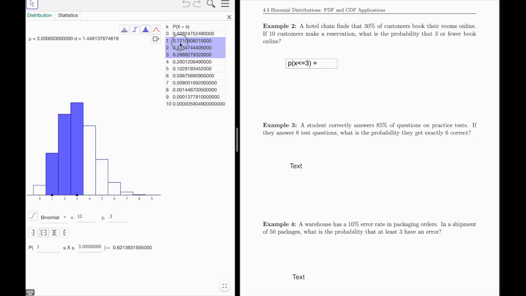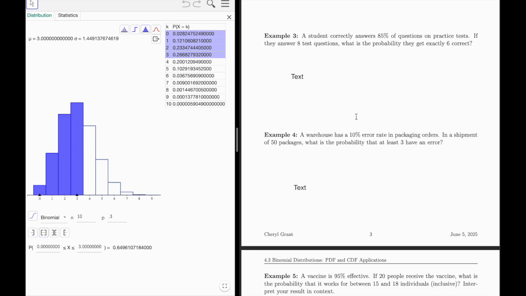So we can either do that by looking at our chart up here and make sure 3, 2, 1, and 0 is all highlighted, and that will show the answer down here. Or I can directly type in the values here in our probability notation that we want our X to go from 0 to 3. So either way, we get a probability of 0.6496.